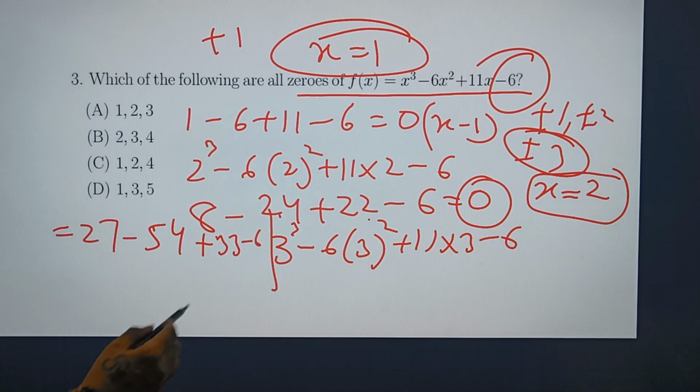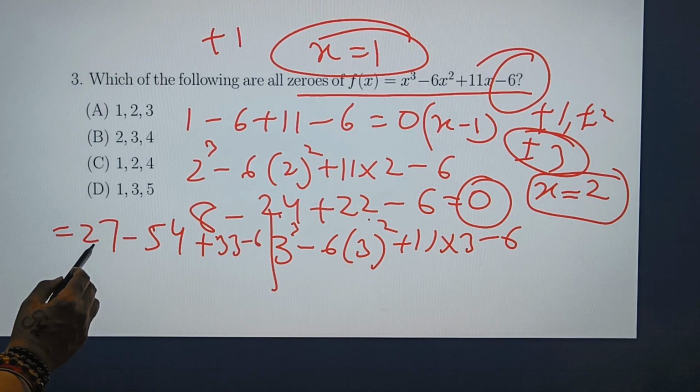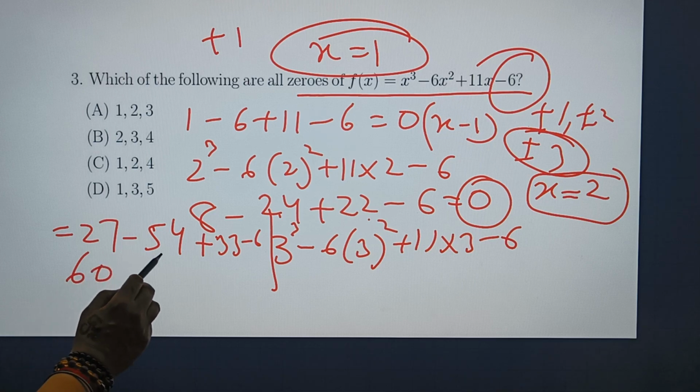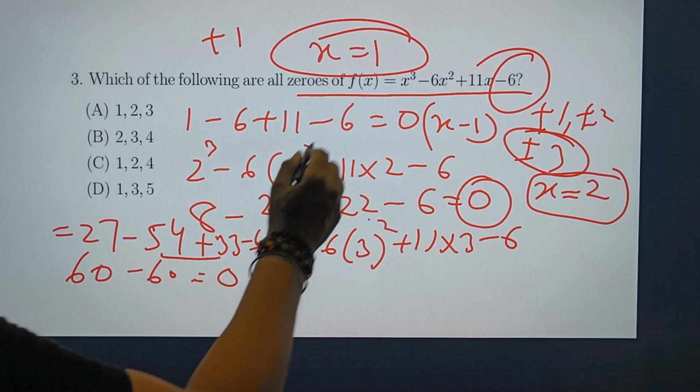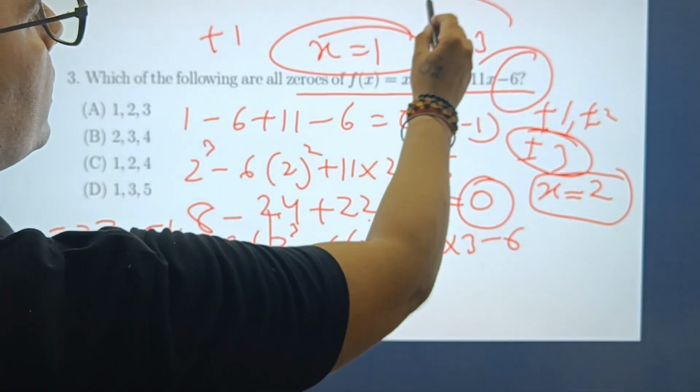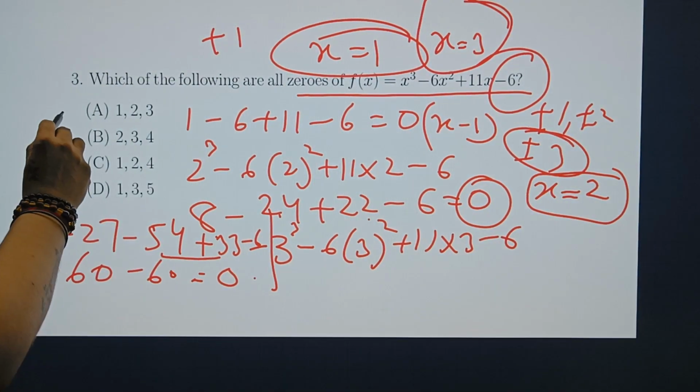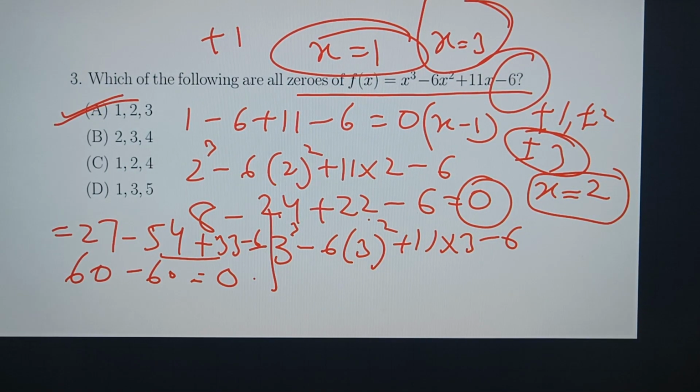Here 33 plus 27 is 60, and 54 plus 6 is also 60. So you get 0. That means x equals 3 is the third factor here. Therefore option number A is your correct answer. Very simple. I hope the things are clear now.